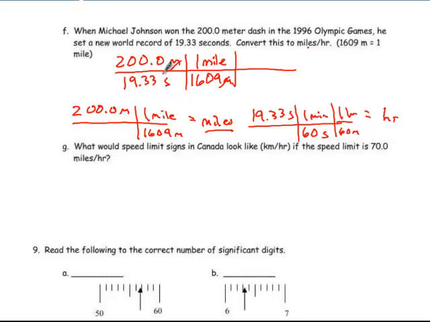So I've changed meters to miles with the conversion that was given. 60 seconds in a minute, 60 minutes in 1 hour. So why did I put seconds on the top? Well, because it was on the bottom. So seconds and seconds cancel, minutes and minutes.